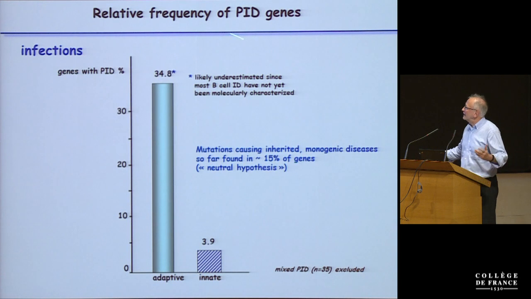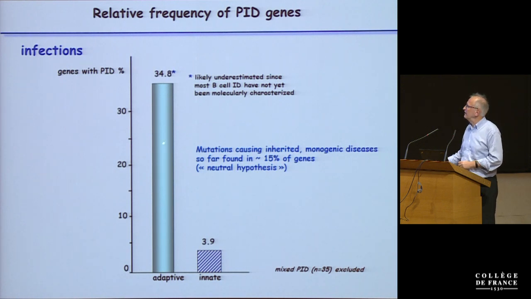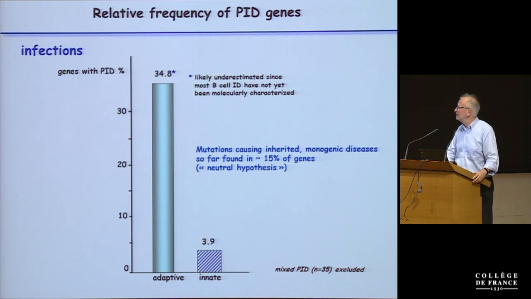So likely, if such a study will be repeated, say, in 5 years from now, my guess is that instead of 34.8%, we will be up to X%, which will be much higher. For innate immunity, it's only 3.9% of genes that have been found mutated.